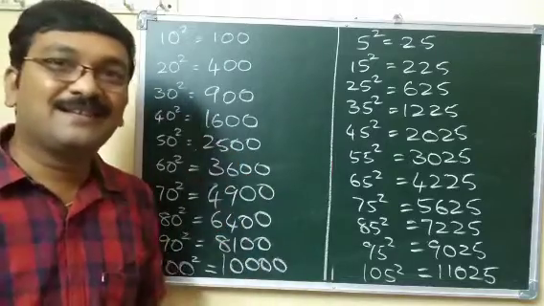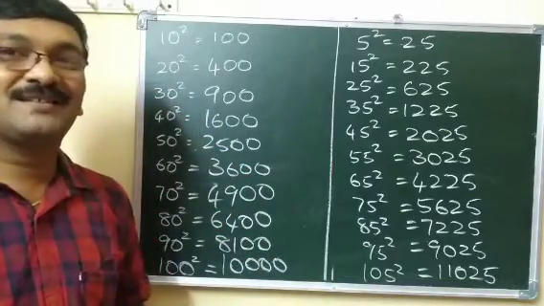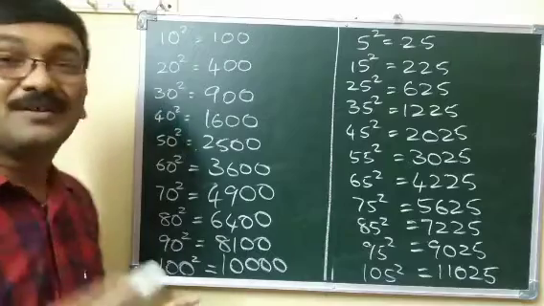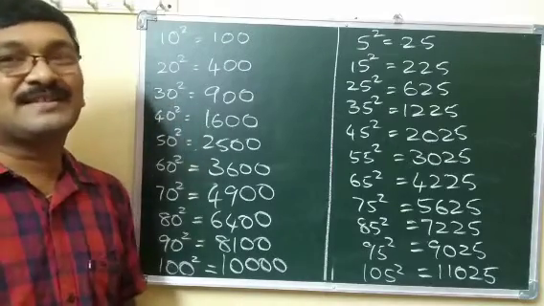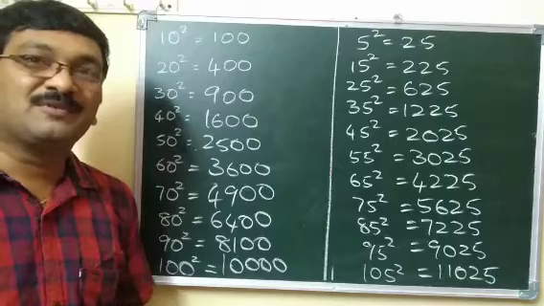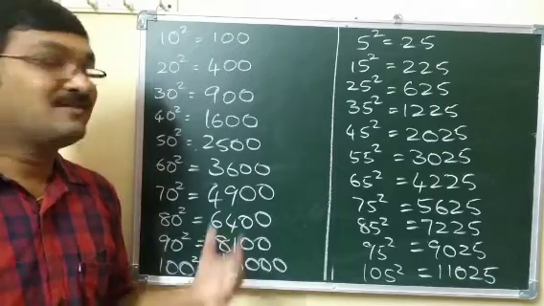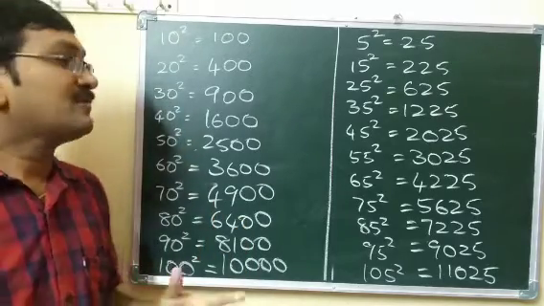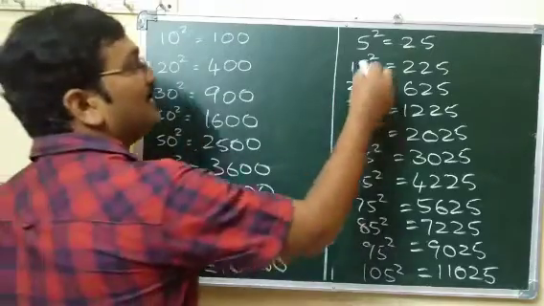I did not do any calculation, I just used one technique. What is that technique? In a previous class, in 7th class also I told the same technique. How many of you remember, how many of you know this or not? So once I will explain here.